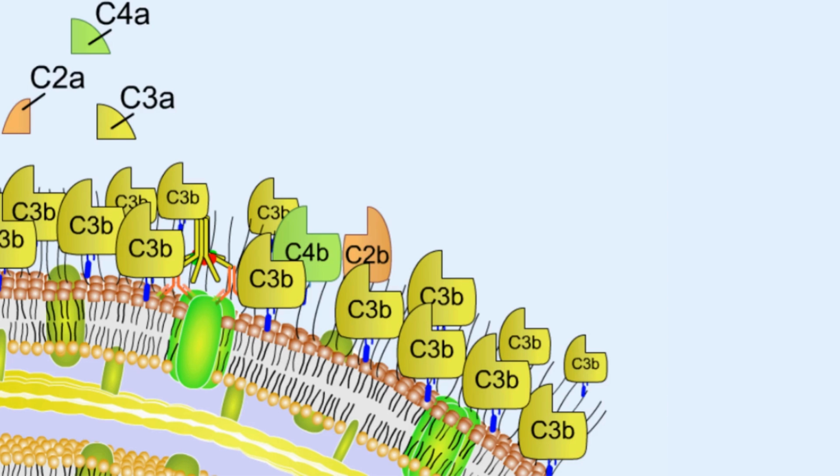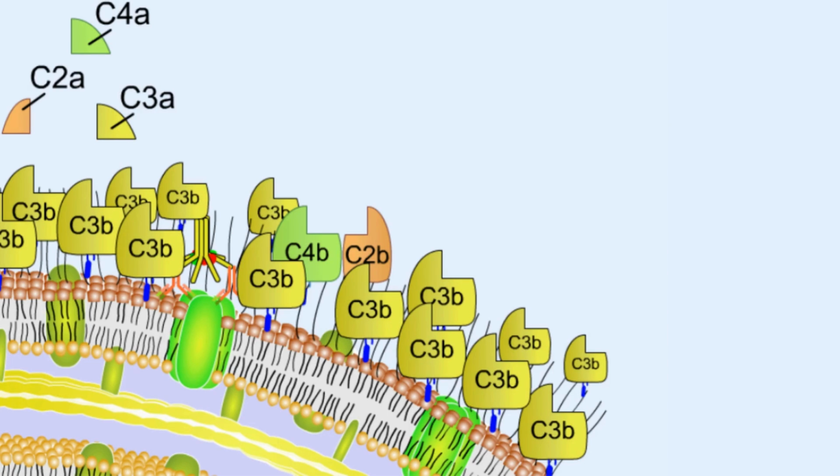This kind of concludes the process of the classical pathway, as after this process all those C3b can finally activate C5, because C3b, C4b, C2a together can act as a C5 convertase, which can cleave C5 into C5b and C5a.